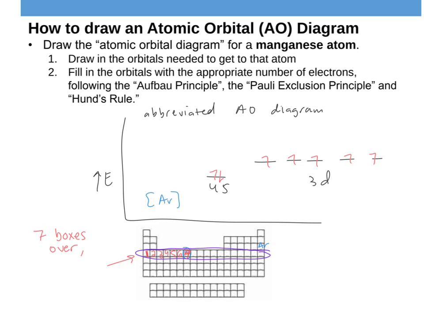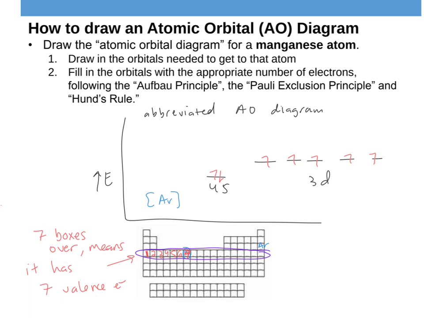Seven boxes over means it has 7 valence electrons. Those are the ones in that outer, highest energy shell, the ones on the outside that we're trying to abbreviate with.